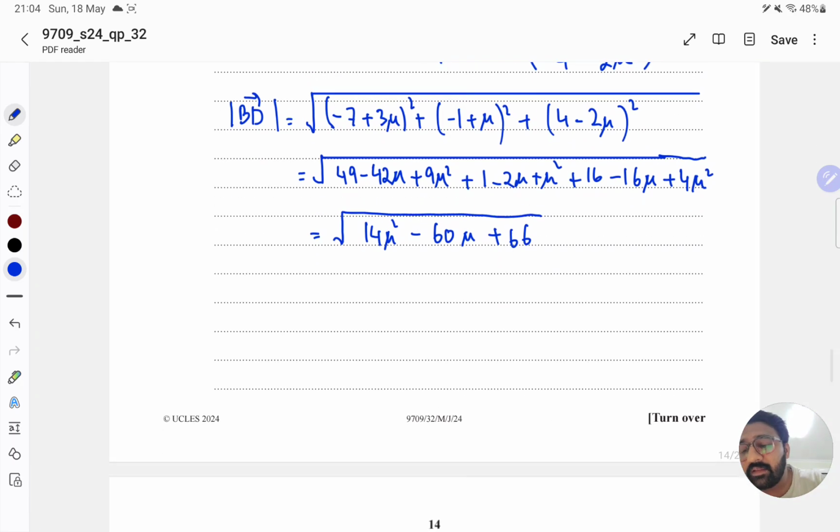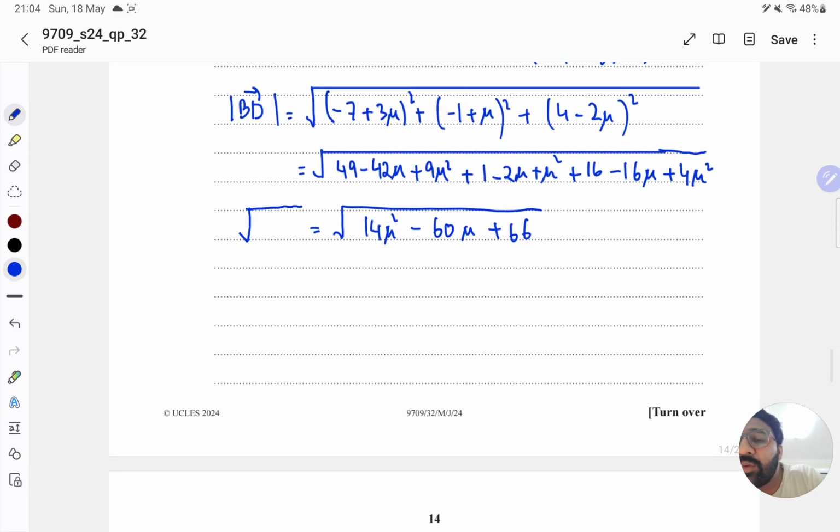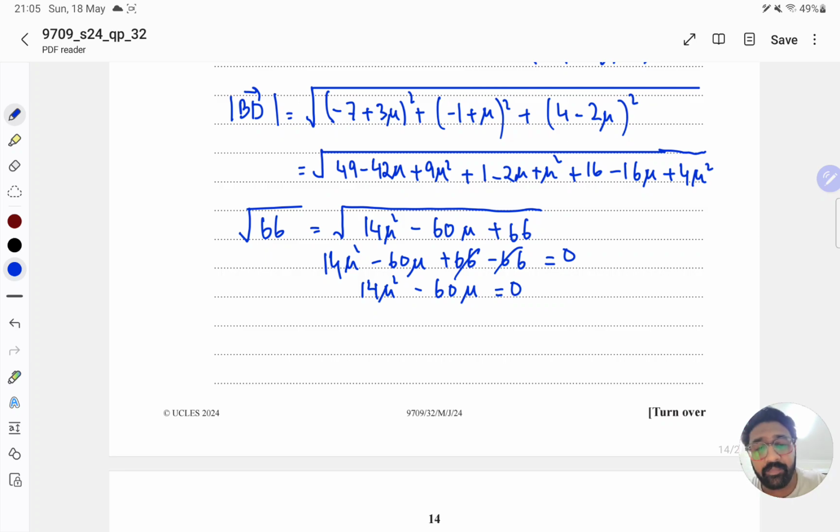And we know that this is basically equal to square root of 66. So we'll take square on both sides, so it will become 14 mu square minus 60 mu plus 66 minus 66 equals 0. So 14 mu square minus 60 mu equals 0.